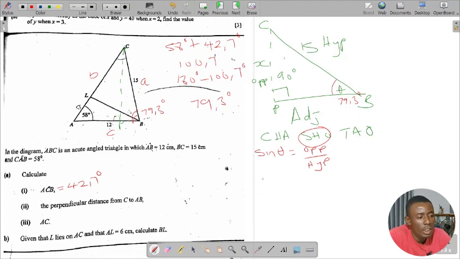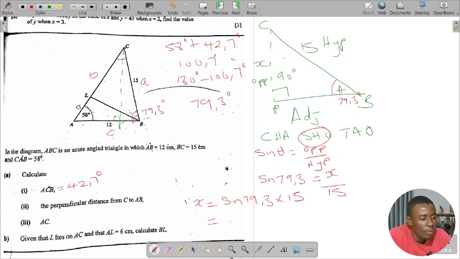So we say sine 79.3 is equals to our opposite, which is this side, which is X, and our hypotenuse is 15. So to get X, we say X is equals to, we'll cross multiply here, sine 79.3 times 15.